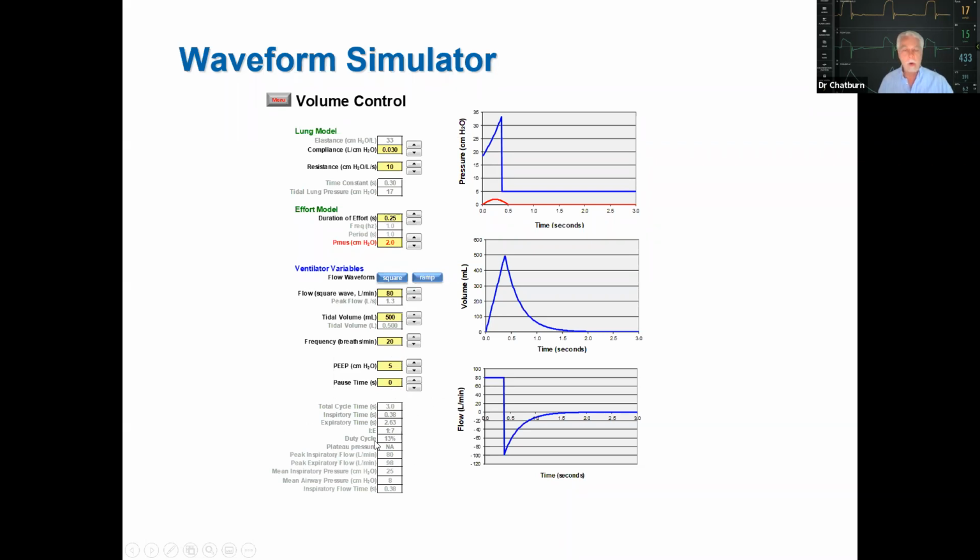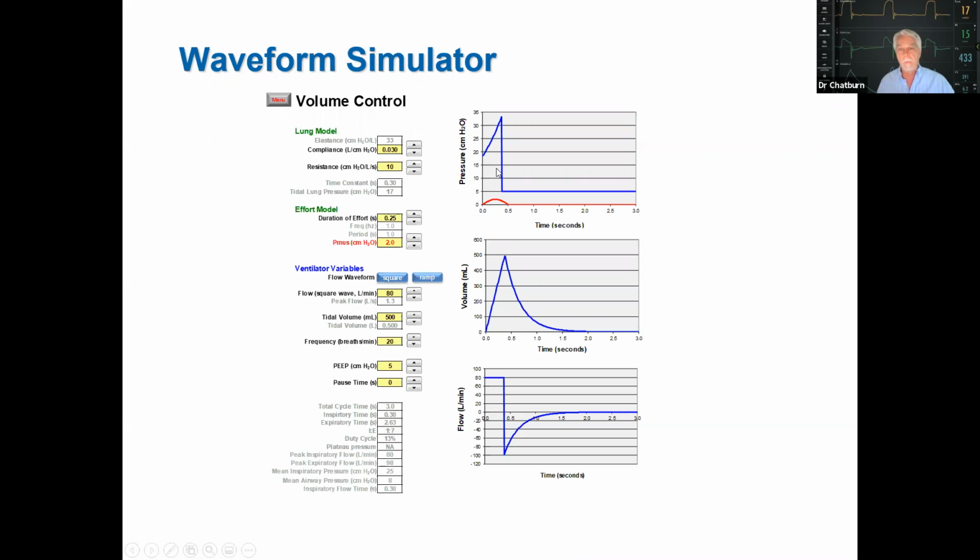Down here, you see a whole bunch of calculated values, things like the cycle time, I time, E time, duty cycle, plateau pressures, mean airway pressure, all this other stuff, things that many ventilators will display for you. And over here, you see a graphical representation, which should be familiar to you because that's what a ventilator looks like.